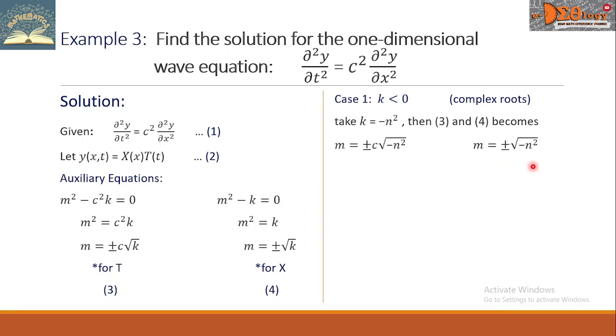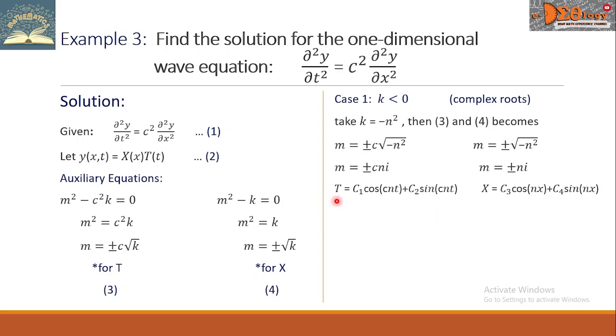Equation 4 becomes m equals plus or minus the square root of negative n squared. We simplify further, so we will get the value of m respectively. For the first, we have m equals plus or minus c times n times i. It becomes imaginary. For the second m, we have plus or minus n times i.